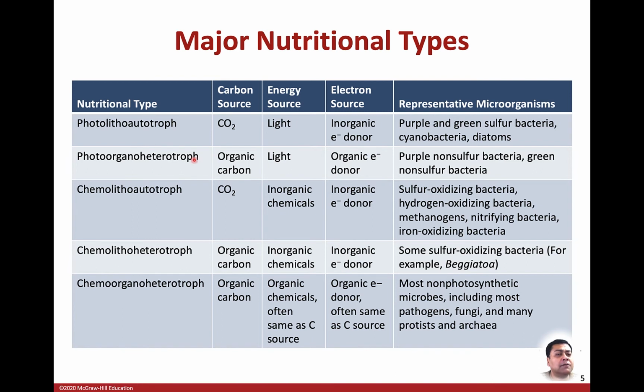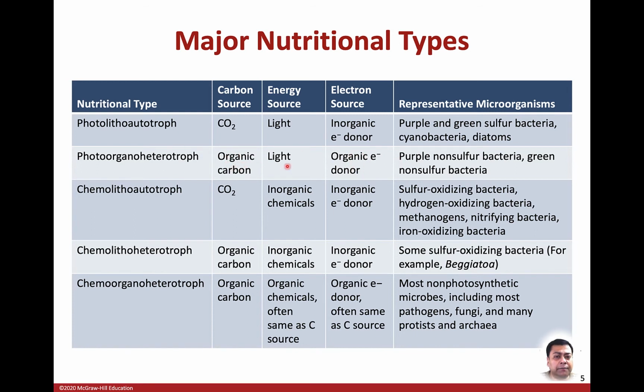And heterotrophs means that they need these preformed organic molecules from somewhere else, and it could be different sources, but as they are not auto, they cannot synthesize their own material. So they're using organic carbon with the help of light. Organic E-donor means these are preformed molecules in the form of carbohydrates or proteins or others. And with the help of the light, they oxidize these, which will provide them the energy.